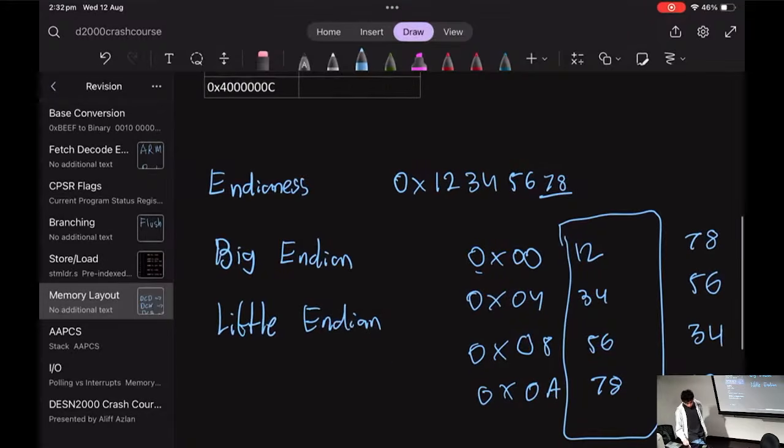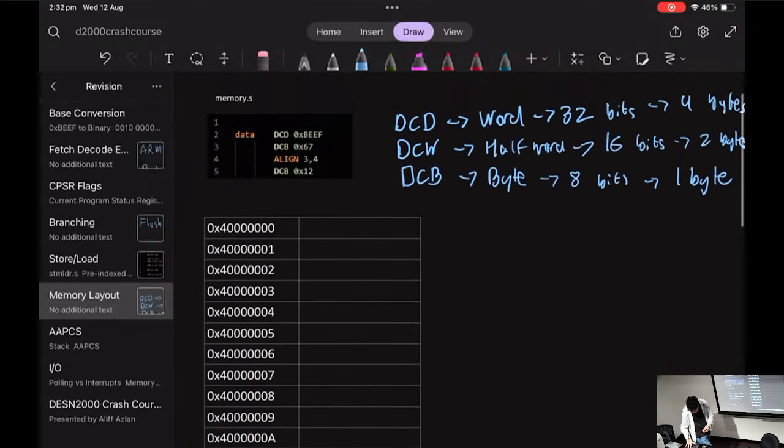So that's the difference between big and little endian. In ARM, or at least in this course, we mainly focus on little endian. So if a question asks you to draw a memory layout, you can assume the question is assuming little endian.